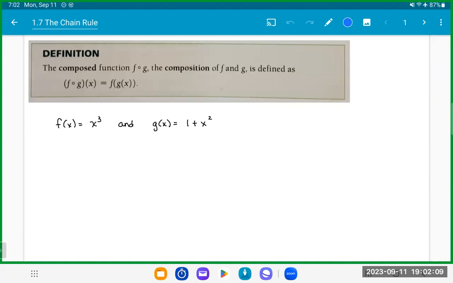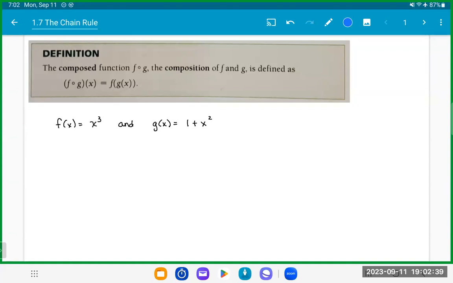Basically, if you have two functions, f and g, and you want to compose them together, you read this as f of g. That means everywhere I see an x in my f function, I'm going to substitute in my entire g function. Okay.